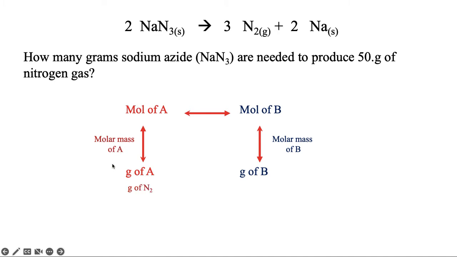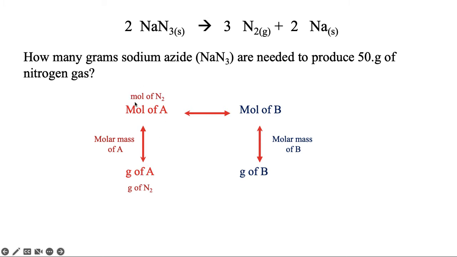In this case, my compound A is nitrogen gas. So I have grams of nitrogen and I need to convert to moles of nitrogen. And I use the molar mass of nitrogen to do that.